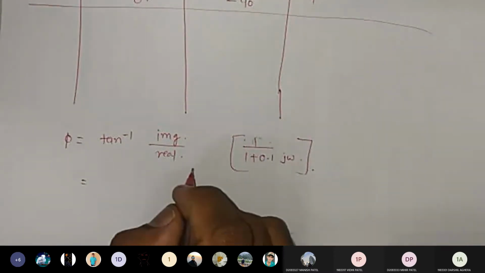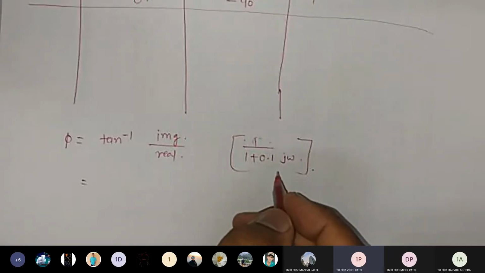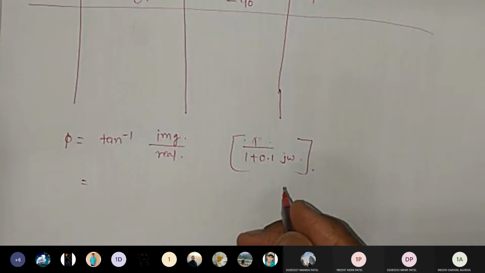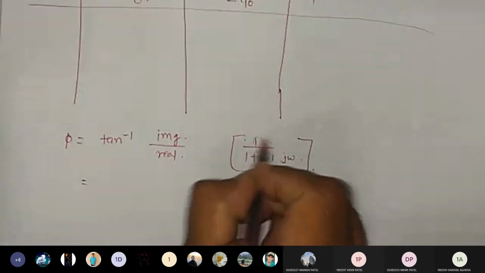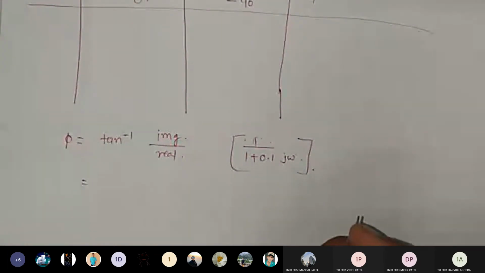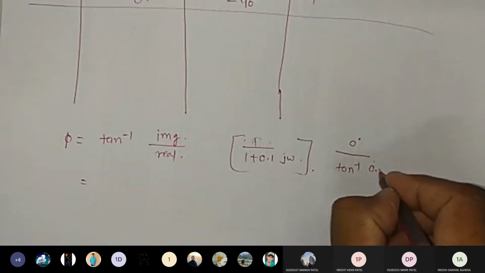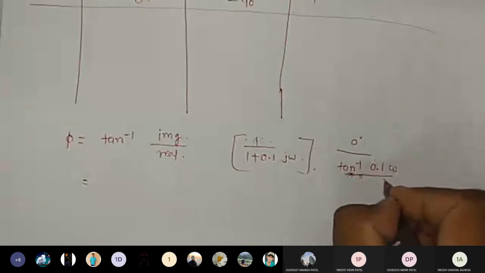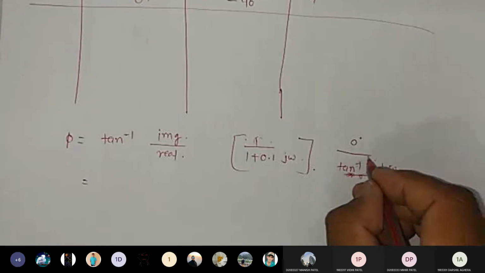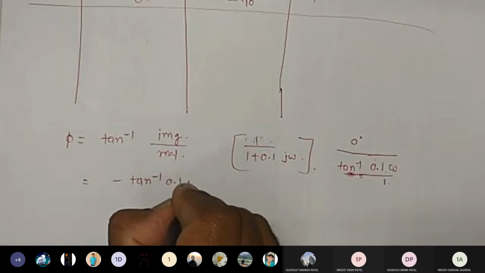The numerator side answer will be 0. Tan inverse of 0 by 1, imaginary divided by real, that means 0 degree. Divided by tan inverse of imaginary over real, which is 0.1 into omega. Bringing this up, it will be minus tan inverse 0.1 into omega.